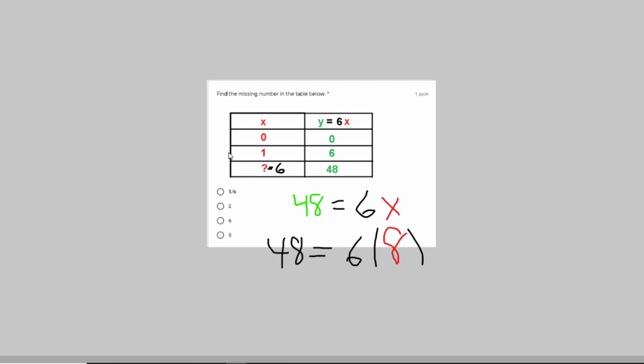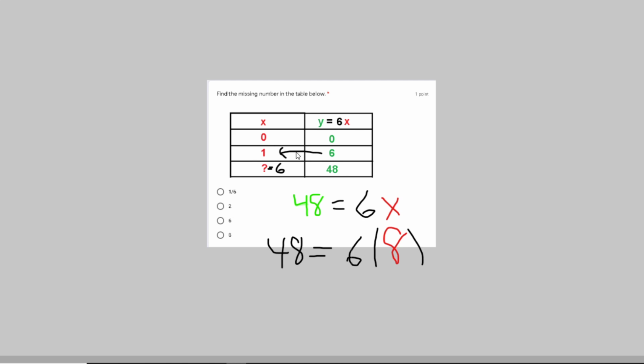Now, maybe you couldn't remember what times 6 gives you 48, or you just didn't like what I did there. Something else you can see is, we multiplied by 6 here to get y, but if we multiply by 6, we could also divide our y by 6 to get x.